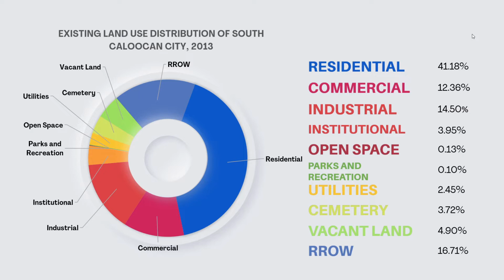Under it are UE Caloocan, STI, AMA, and Gumbuza Elementary School. As you can see, there are other lands present in this distribution, and its total land area is 1,362.50 hectares.